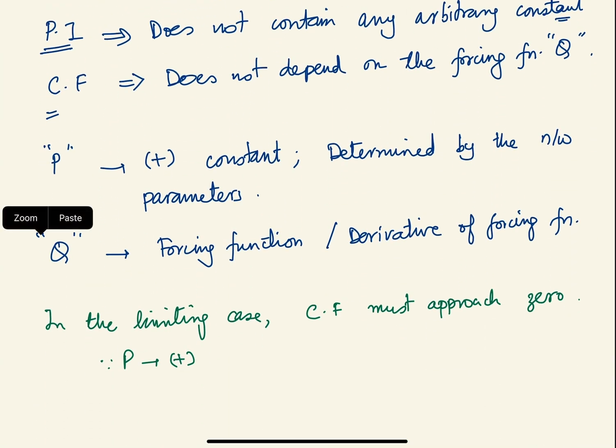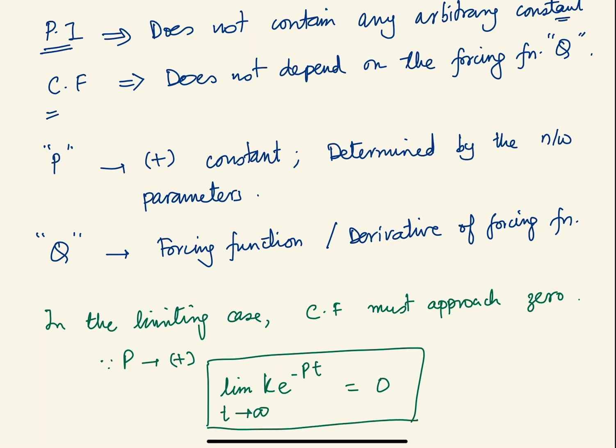The complementary function is k e to the power minus pt. So the limiting value when t tends to infinity for this term, what does this tell you? Since p is positive and the exponential is decaying, this term reduces to 0 in the limiting case. Let's call this equation number 7.